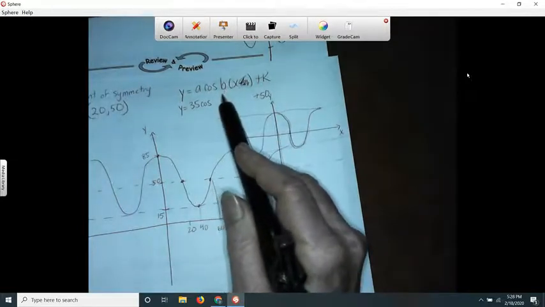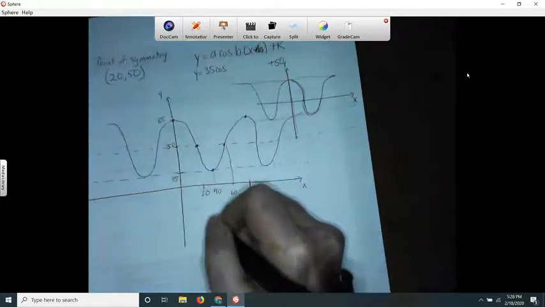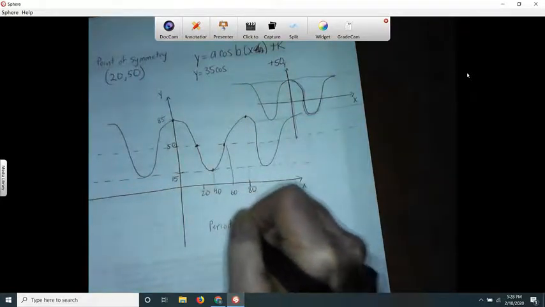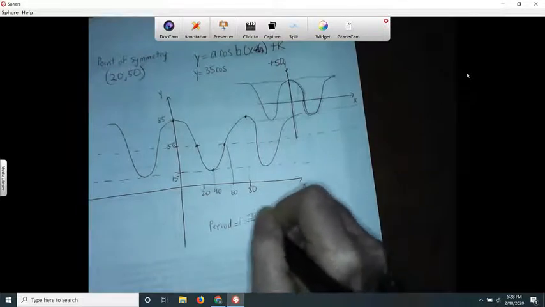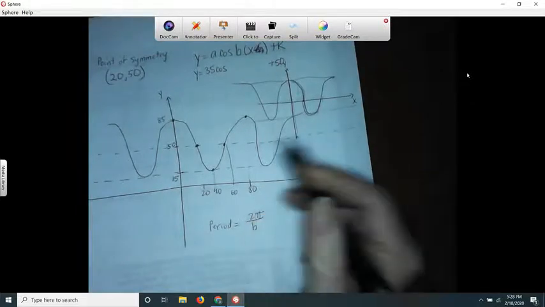But we know that B isn't just the period. I can't just throw an 80 there. I don't know if you remember this, but period equals 2 pi over B. Now I know what the period is, finally.